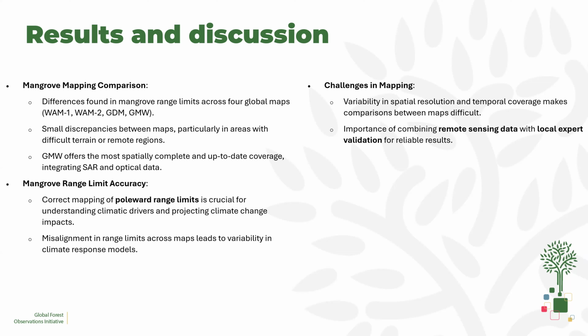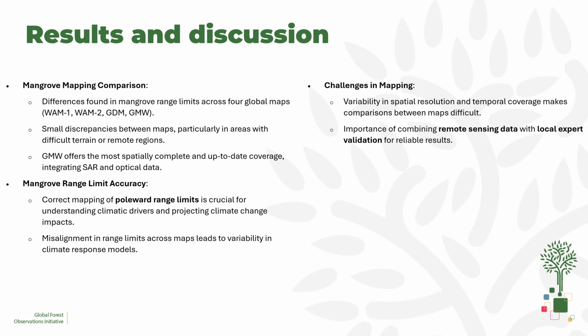So the idea of this paper was to alert the global maps for future updates. They should also include these range limits. That's very important. And sometimes the automatic classification doesn't get these range limits, because usually they are very small mangrove areas.